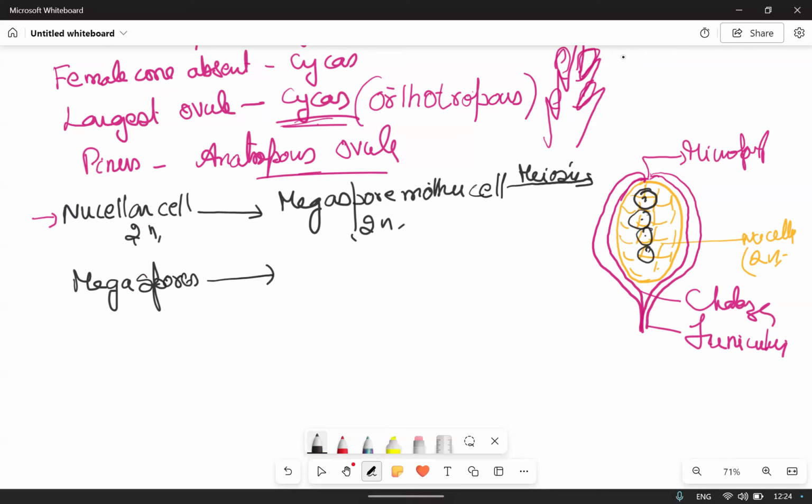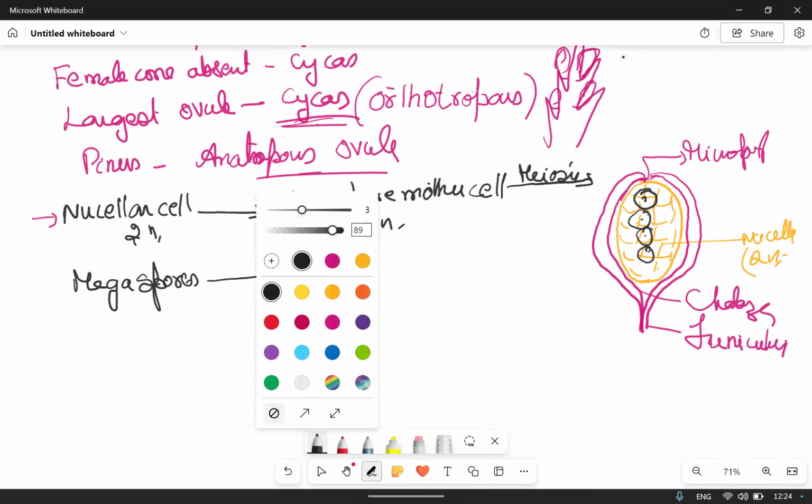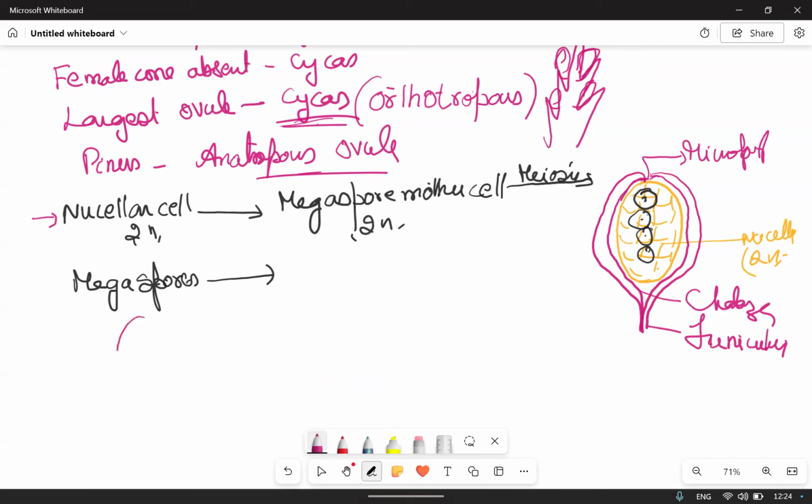This may be monosporic or tetrasporic also. We are seeing the monosporic type. So, 1 is functional like the Polygonum type of angiosperms. The chalazal megaspore is functional. What is happening in that functional megaspore? This is the megaspore, the bigger one I am showing.